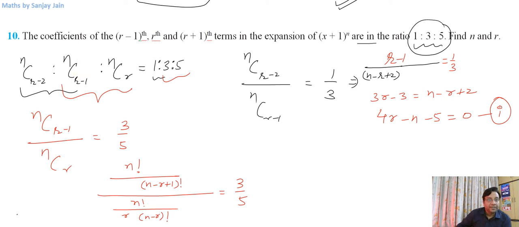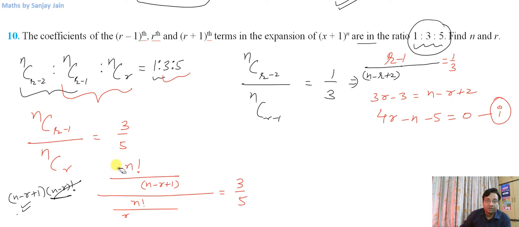Okay, now what else? Now we will focus on this term, n minus r plus 1 factorial. So I can write it as n minus r plus 1 into n minus r factorial, and this term will get cancelled with this, and I'll be left with this n minus r plus 1 here. Okay, so I'll have n minus r plus 1 here, and this term will also be gone.